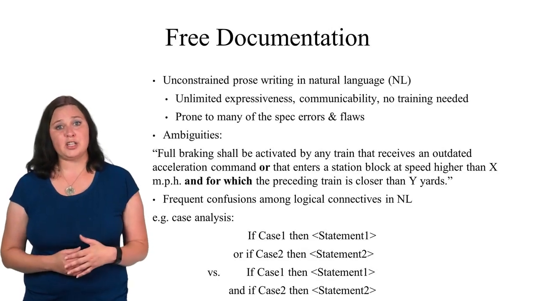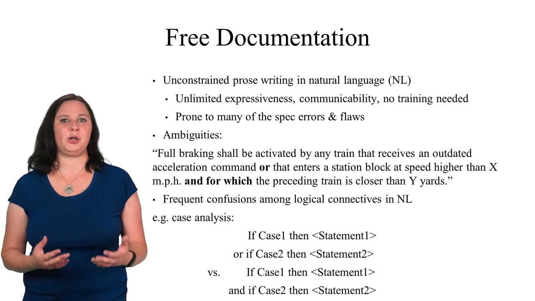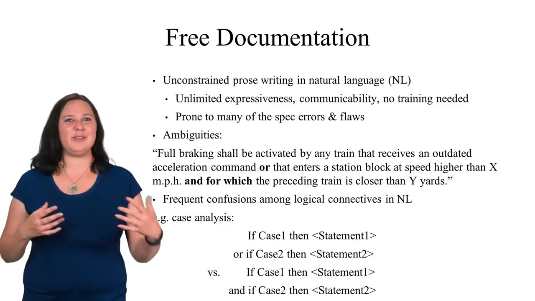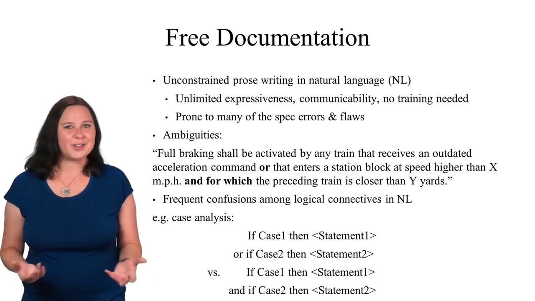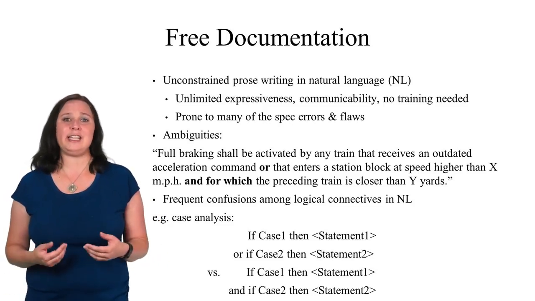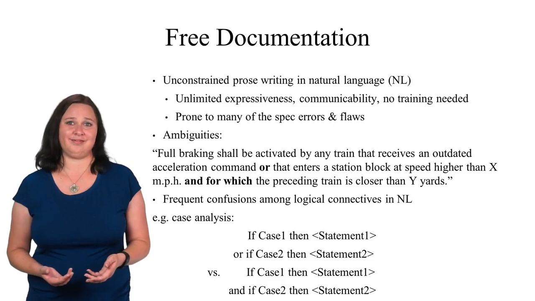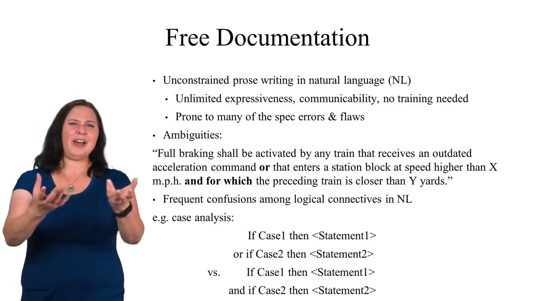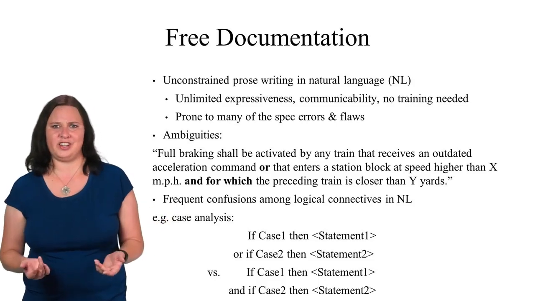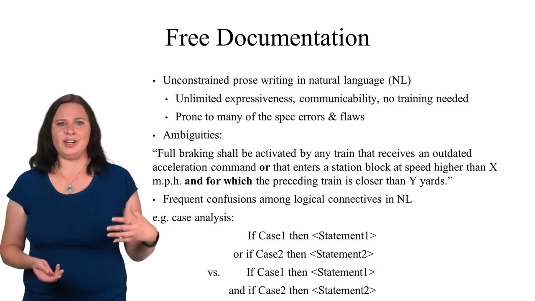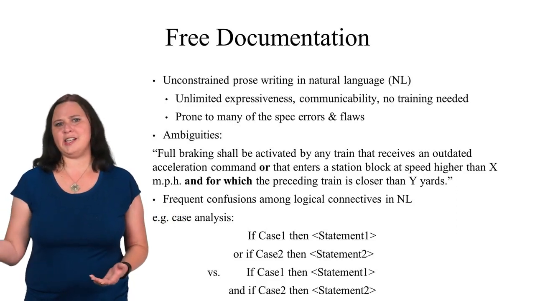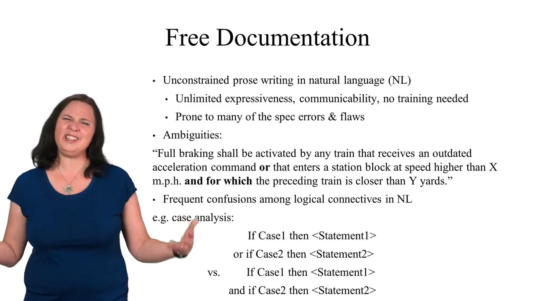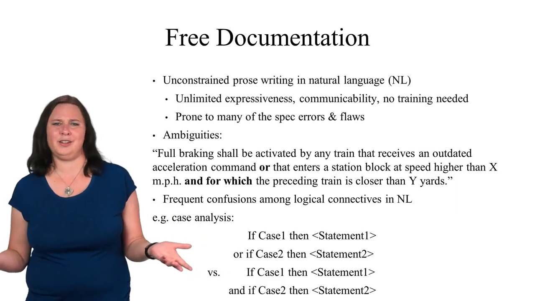In free documentation, we write in unconstrained prose, in natural language. However, just as ambiguity and confusion arises in natural speech, these documents can be easily misunderstood and get really messy if we don't organize. Think about how you and your friends tell stories to each other. You tell the story in different orders. You emphasize some things more than others. You use words freely. You don't really think about it.